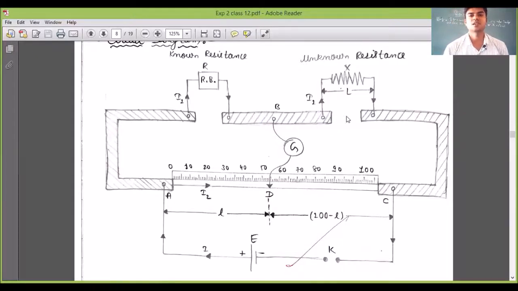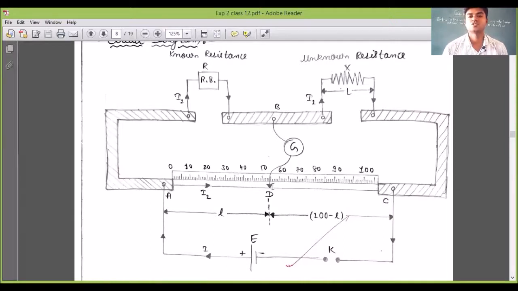Between the second gap, we have connected our unknown resistance, the one we have to find. In between that, a galvanometer is attached. From there, a jockey goes, and along the main scale a long wire goes on, which is 100 centimeter, 1 meter.